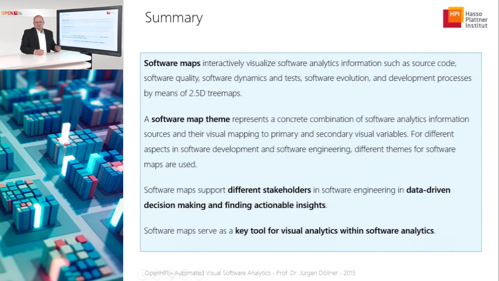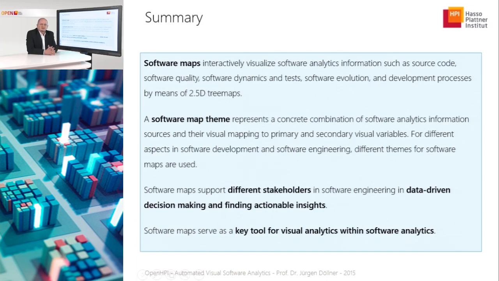Let's summarize this part. We have seen software maps that interactively visualize software analytics information, such as source code, software quality, software dynamics and tests, software evolution, and all other related development processes by means of 2.5-dimensional tree maps.